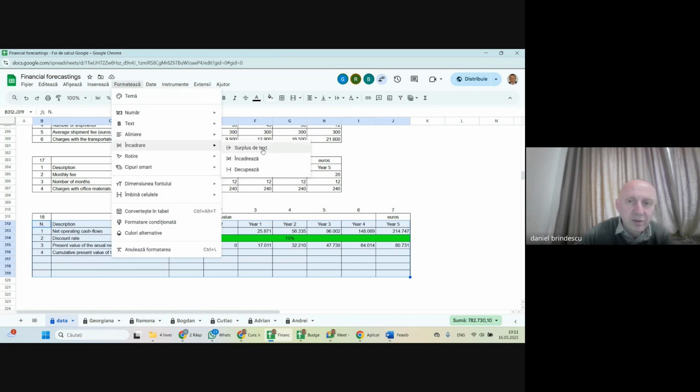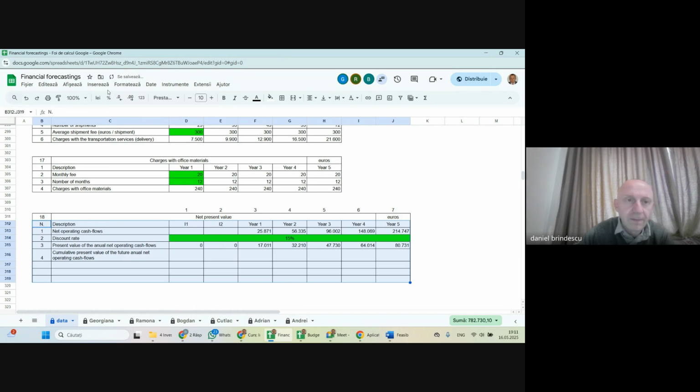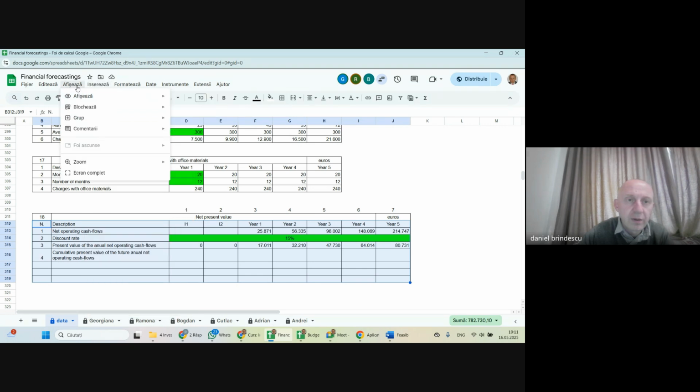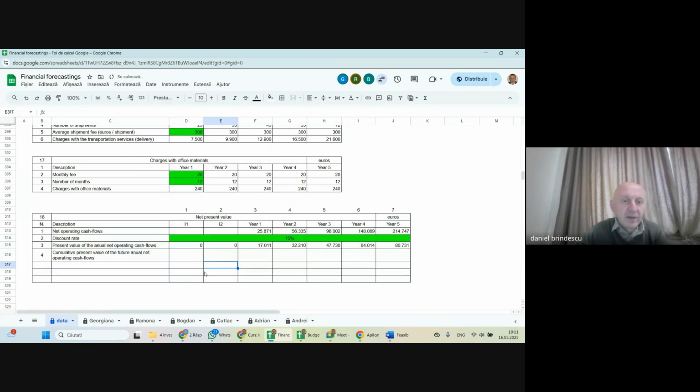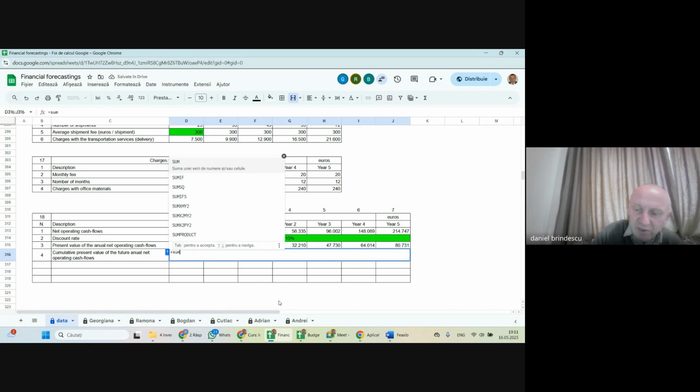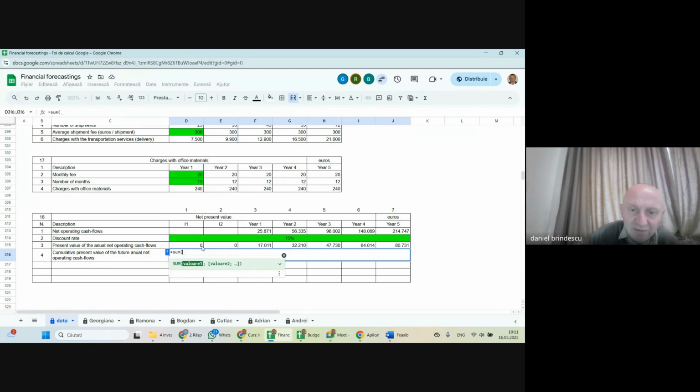Format the table. There we go. So I'm going to sum them up, the present values of the annual forecasted net cash flows.